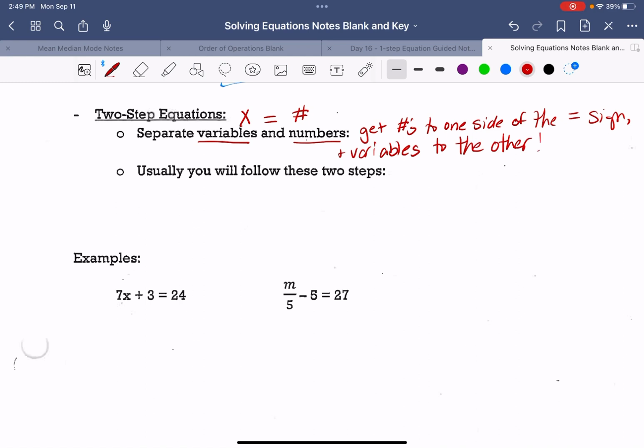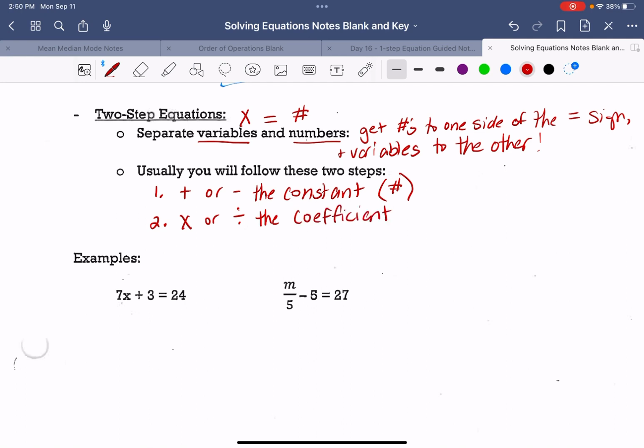All right, and usually you're going to follow these two steps, usually. So the first step is you're going to either add or subtract the constant. Now, if you remember our vocabulary, constant is the same word for just a number. The second step is you're going to multiply or divide the coefficient.